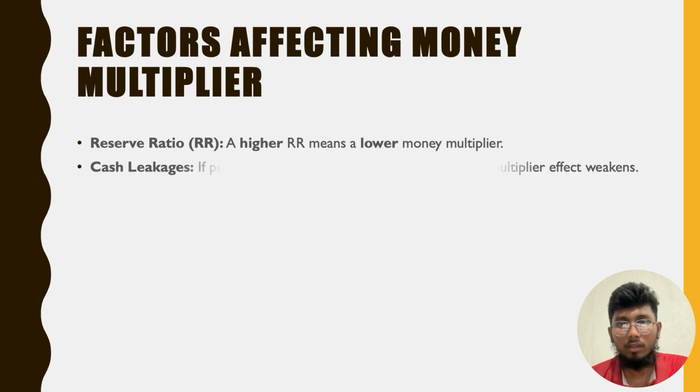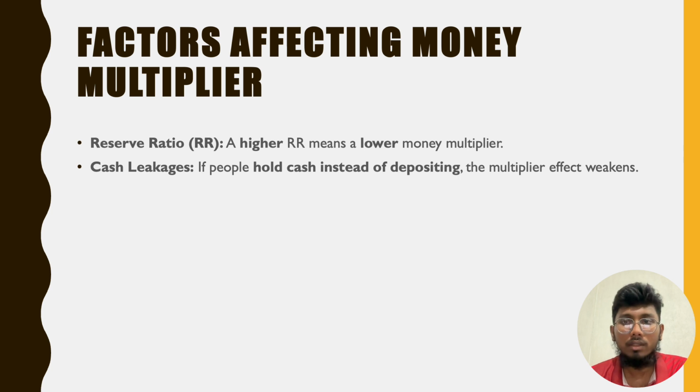Then we can see cash leakages. If people hold cash instead of depositing, the multiplier effect weakens. That means if people don't deposit and hold their money in their hands, then the multiplier effect weakens, and that makes the money multiplier system weak.